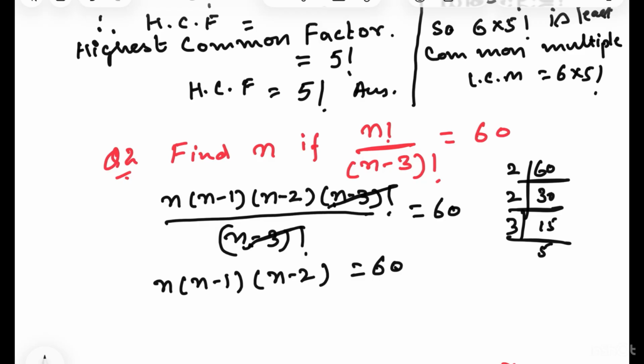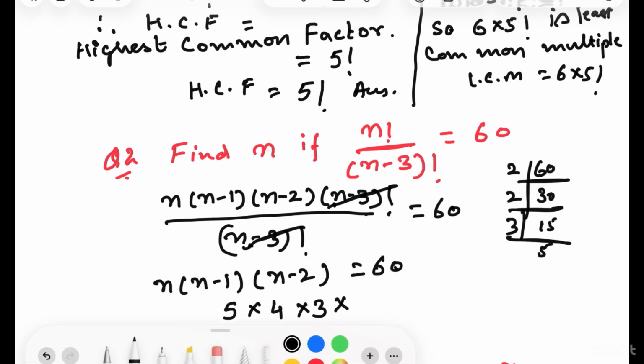So this is equal to 5 into 4 into 3. This is right. So this implies 5 into 4 into 3 is equal to 60.